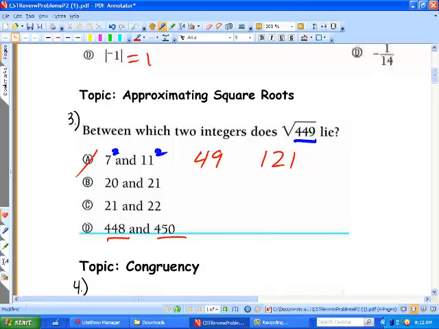If we're squaring all of our answers, those are going to be way too big. So D is not an answer choice. So we're left with B and C.